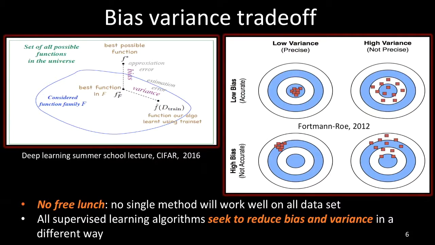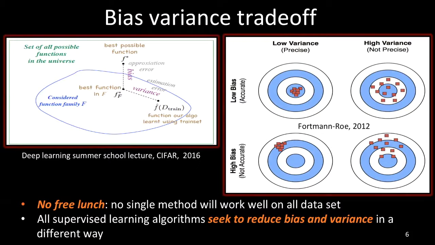So the best function that this particular algorithm can find is this f star. You start from this f hat, to begin with, and then you use the training data to reach f star. That is the best function that you can model with this training data.